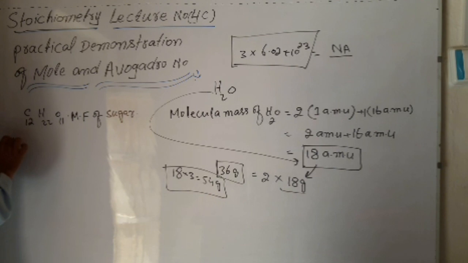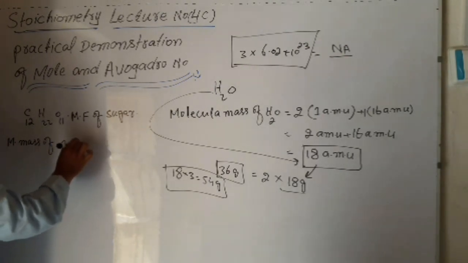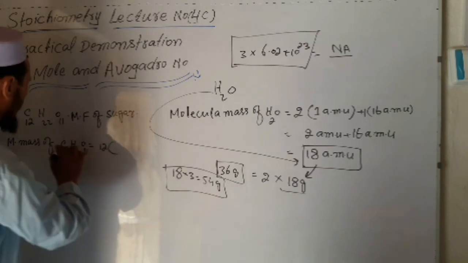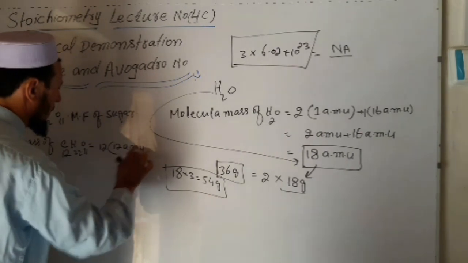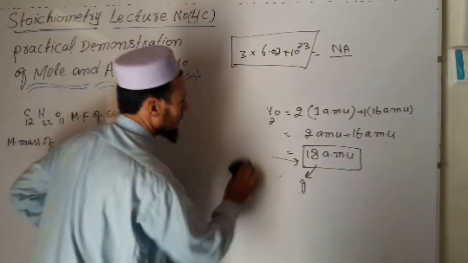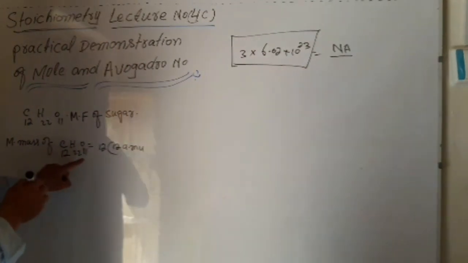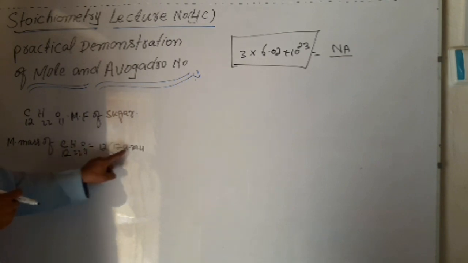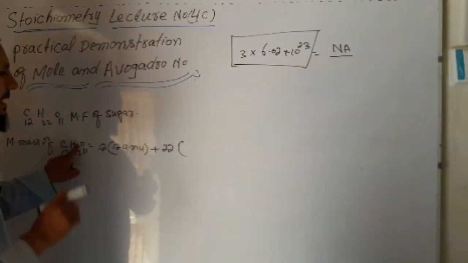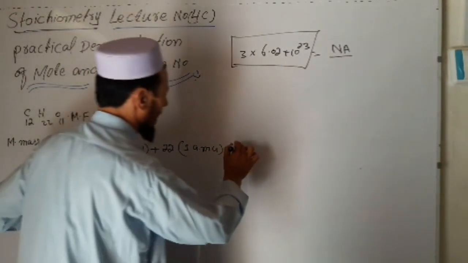Now the molecular mass of sugar, C12H22O11, will be equal to 12 multiplied by 12 AMU, because the number of carbon atoms is equal to 12, and the mass of one carbon atom is equal to 12 AMU, plus the number of hydrogen atoms is equal to 22, and the atomic mass of a single hydrogen atom is equal to 1 AMU, plus the number of oxygen atoms is equal to 11.